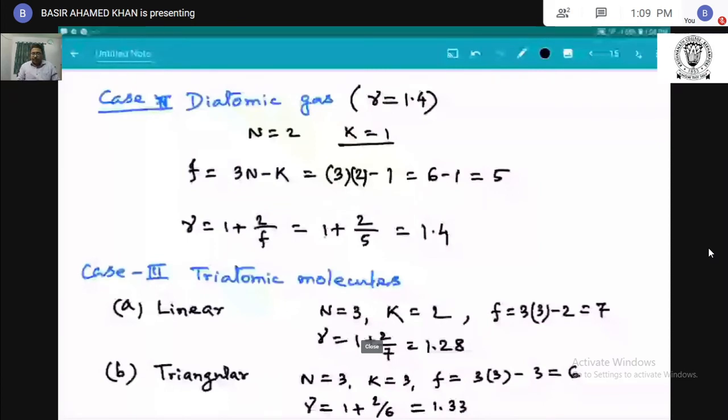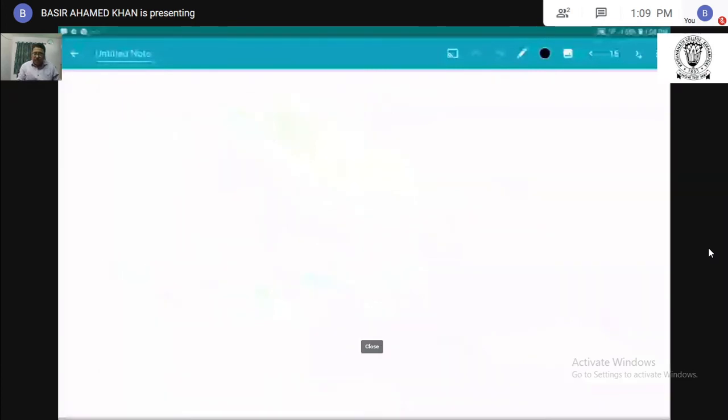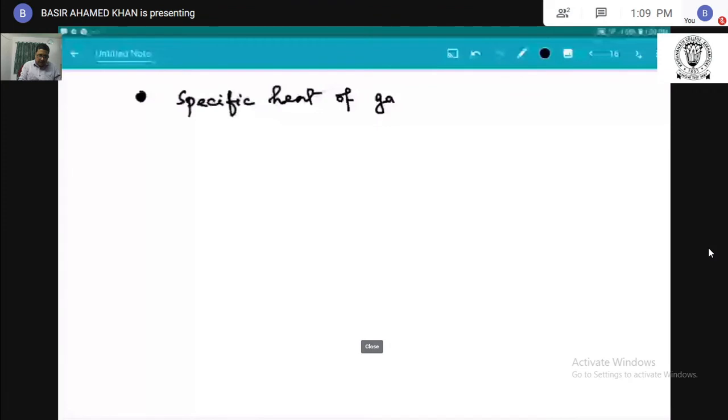Now, the specific heats. I want to define the specific heat of gases.